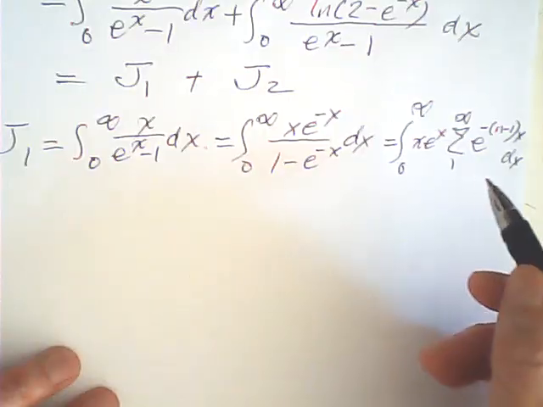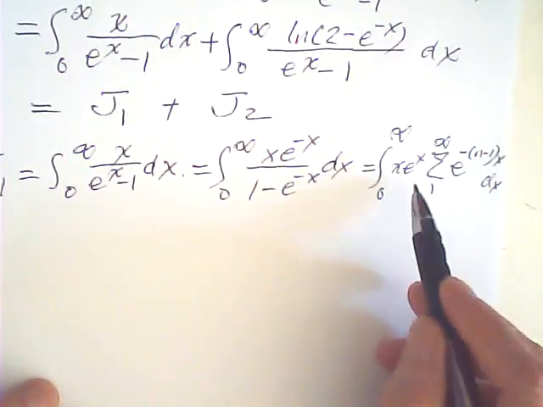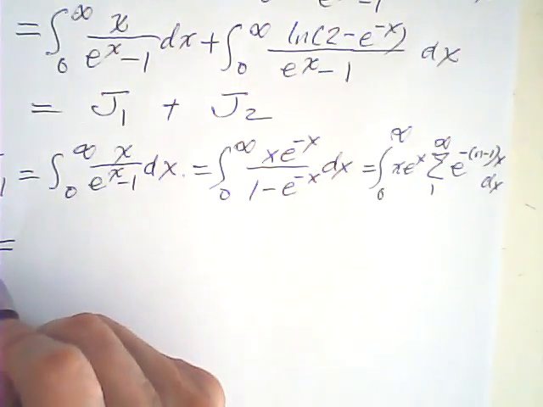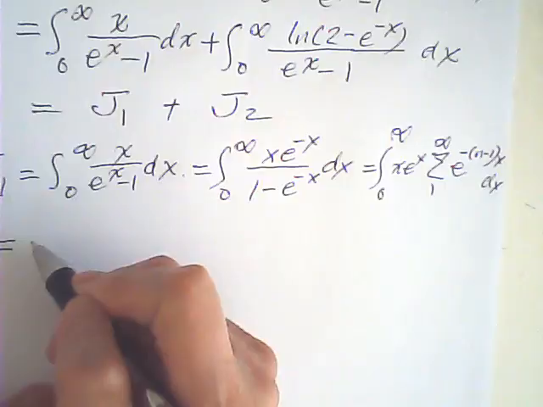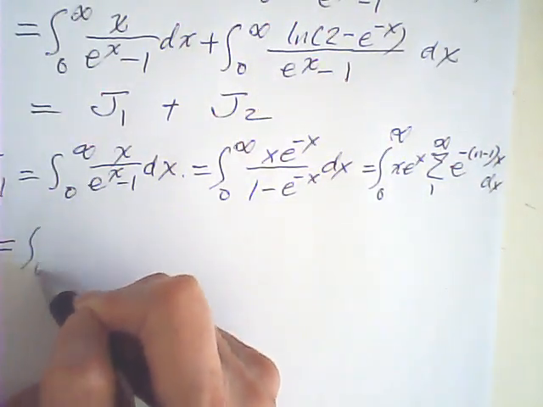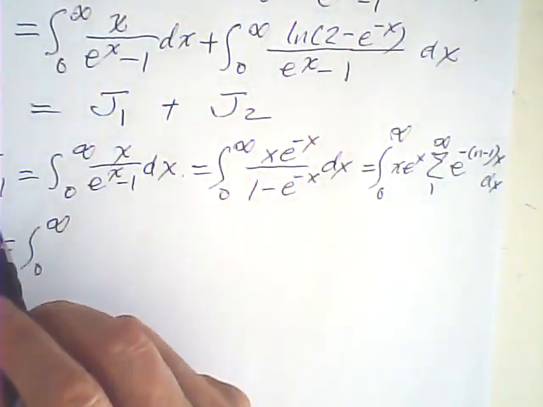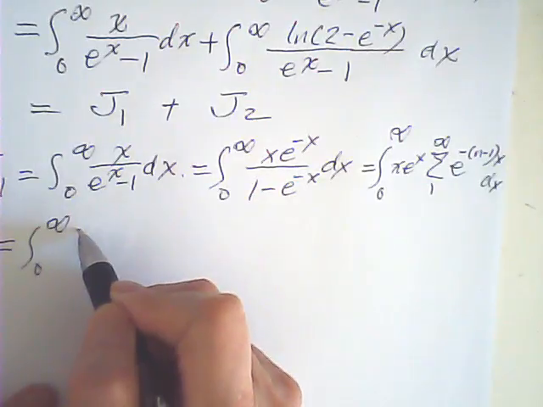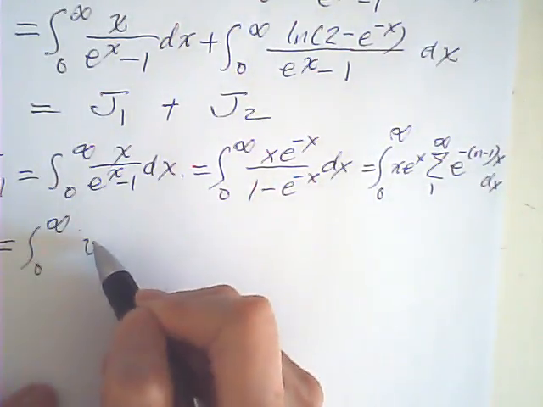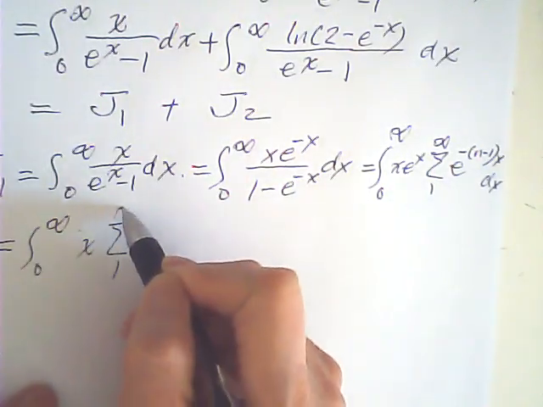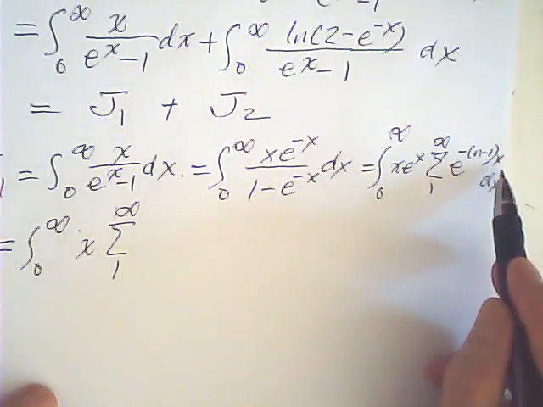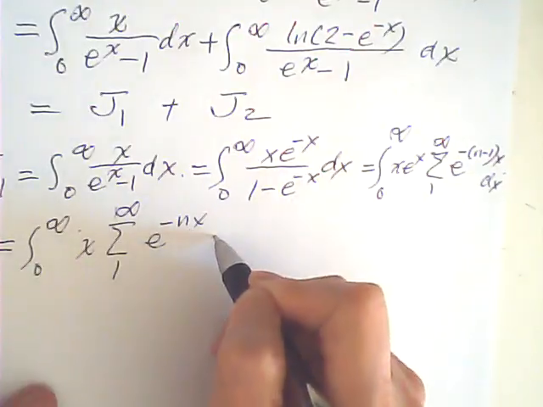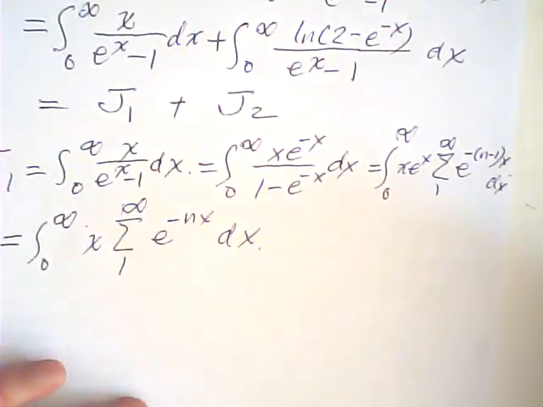Then I can bring this x over there. This is equal to the integral of x times the sum, because each term combined with this one gives e to the negative n x.